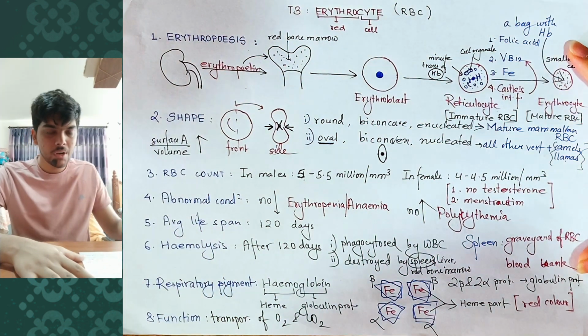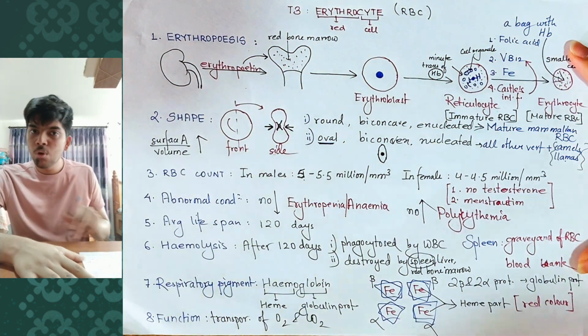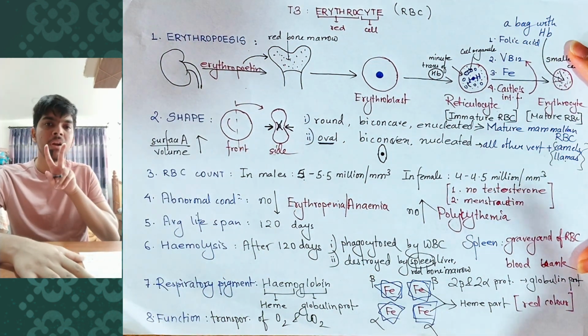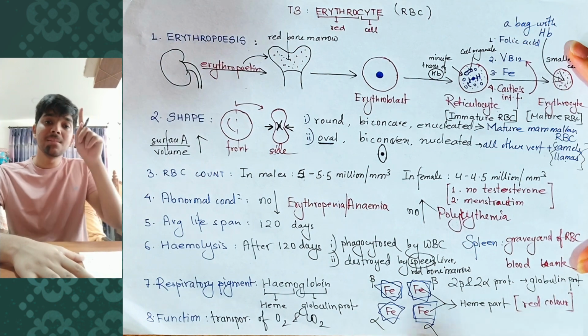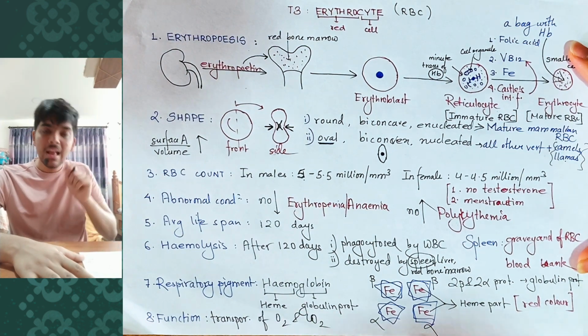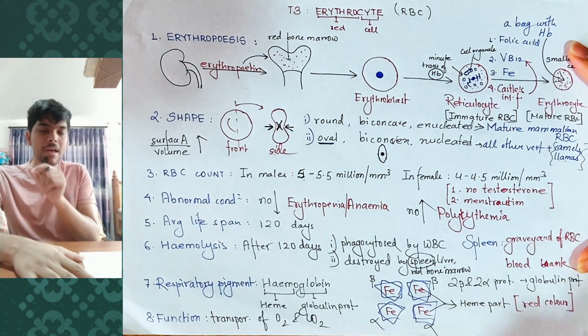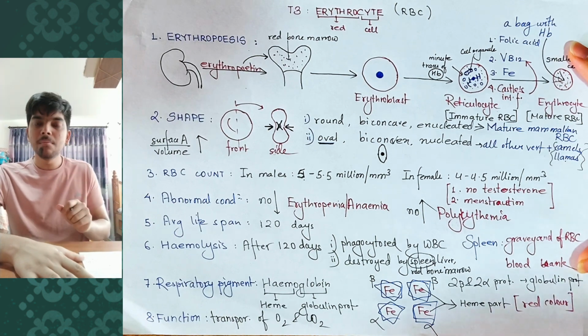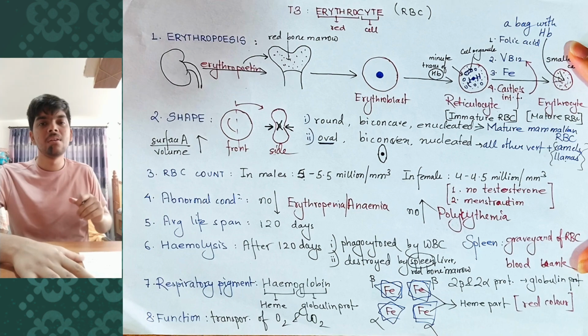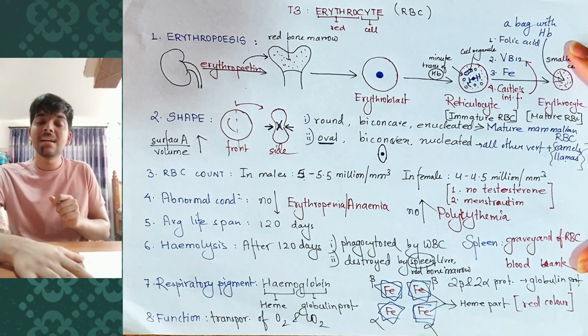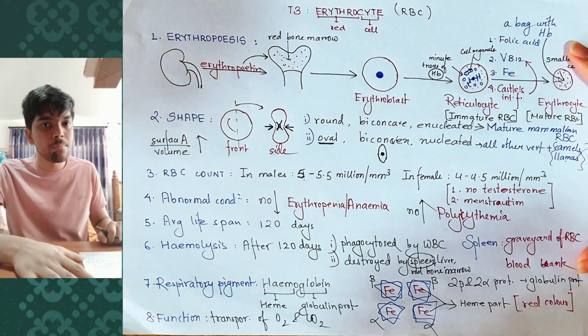Okay, so what's the advantage of biconcavity of RBC? Here's the advantage. Let's suppose you have two red blood cells and both of them have the same volume, but one is biconcave and the other is biconvex. The RBC that is biconcave has a higher surface area compared to the RBC that is biconvex having the same volume.